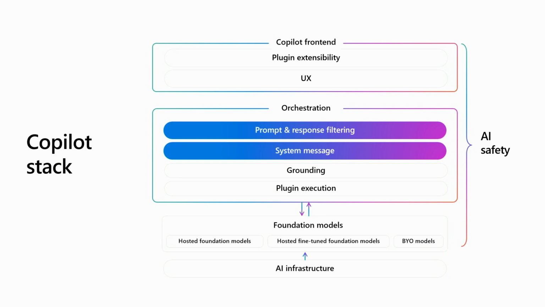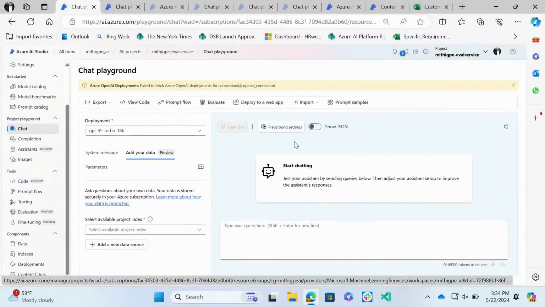Now that we have very briefly seen the stack, let's take a very quick look at the Azure AI Studio, and I'll give you a quick tour. I'll switch back to the demo. All right. So now we can see here Azure AI Studio.